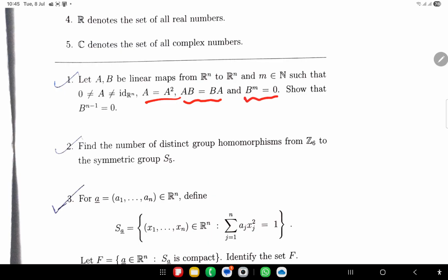B is nilpotent of index m, so we have to prove that B to the power n minus 1 is 0. Now if B is nilpotent, we know B to the power n must be 0 because this is an n cross n matrix. That is very simple, you know. But we have to prove B to the power n minus 1 is 0. Okay, so let us try this.